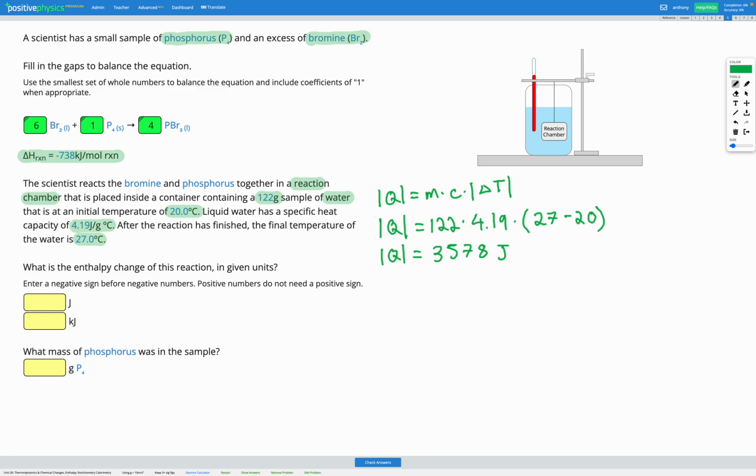Now we need to decide if it's going to be positive or negative, because our answer here asks us for the enthalpy change of the reaction and to enter a negative sign for negative numbers. So in this reaction, our temperature of the water increased. What that means is that the water absorbed heat.